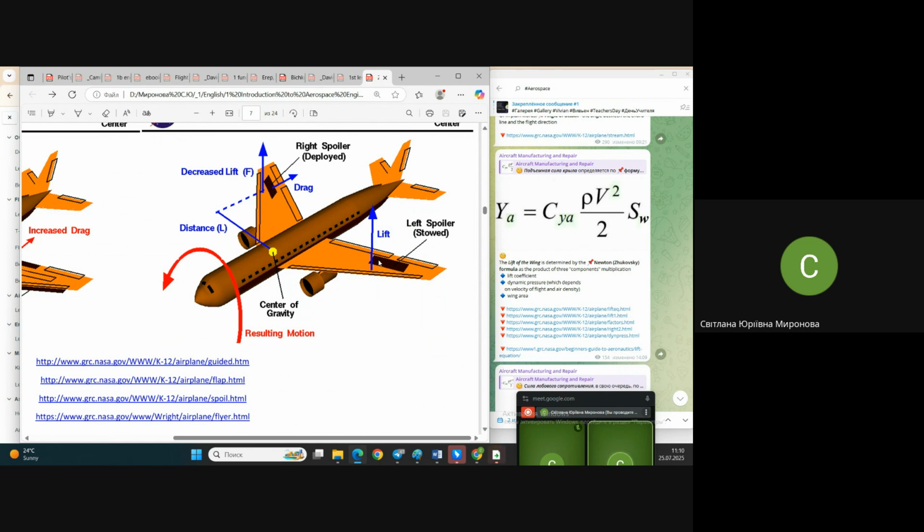It's not true because the spoiler may consist of some sections, quite the same as the flap. Flap may consist of some sections. Aileron may consist of some sections.